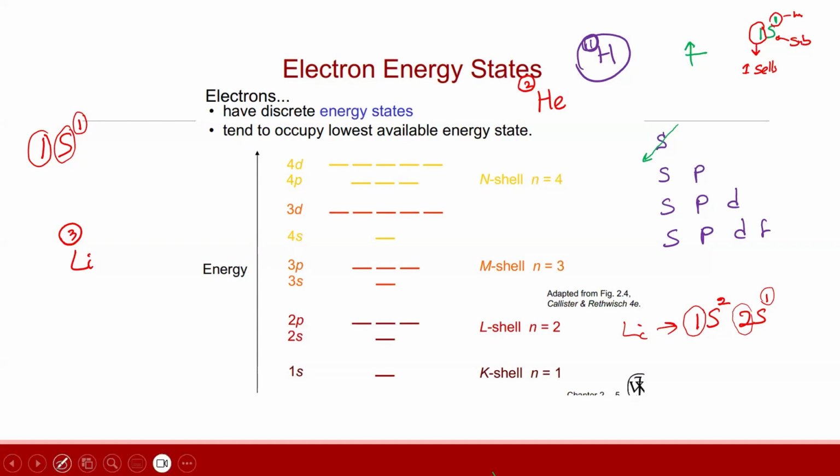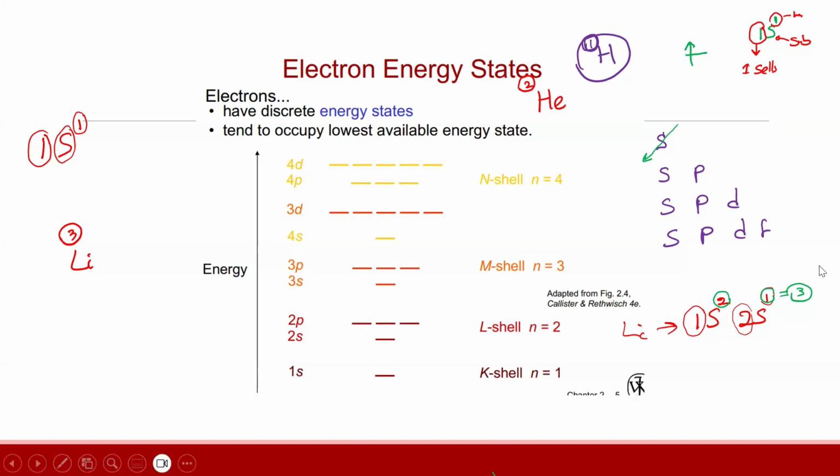How do you know whether you did it correctly? When you add these numbers, it should be 3 because the atomic number is 3 for lithium. Is it clear? Yes, ma'am.